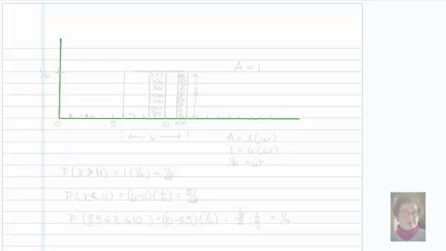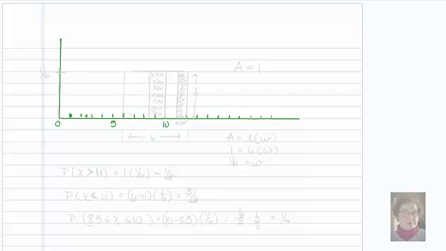So let's do a uniform scale here. Okay, so if this is 0 pounds, 1, 2, 3, 4, 5 pounds, 6, 7, 8, 9, 10 pounds, and we know that our weight loss is between 6 and 12 pounds.